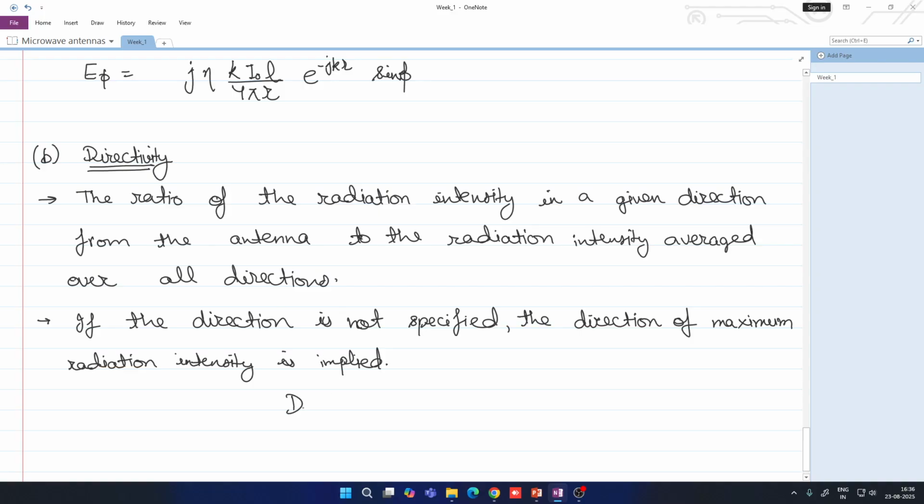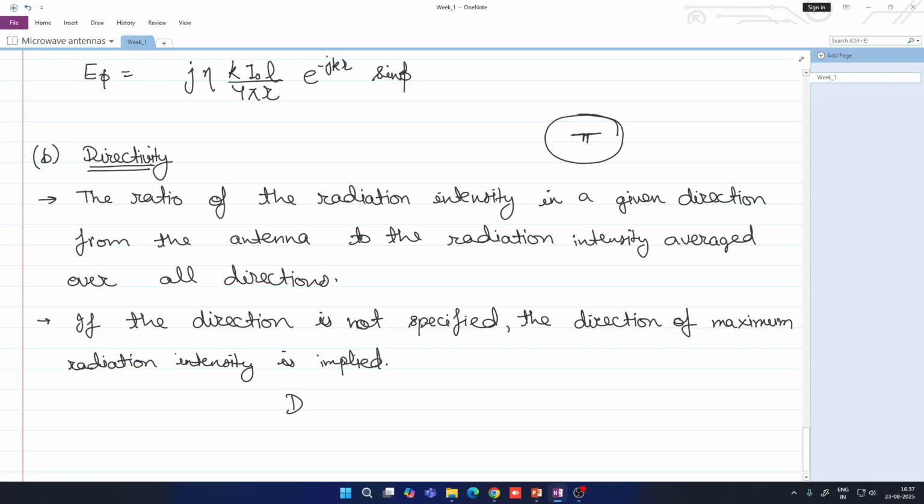So now we have to calculate directivity. The antenna we are solving here is a dipole antenna, and dipoles are not very directional. That's why when we calculate the directivity, it won't be a high number, because dipoles are generally not directive.